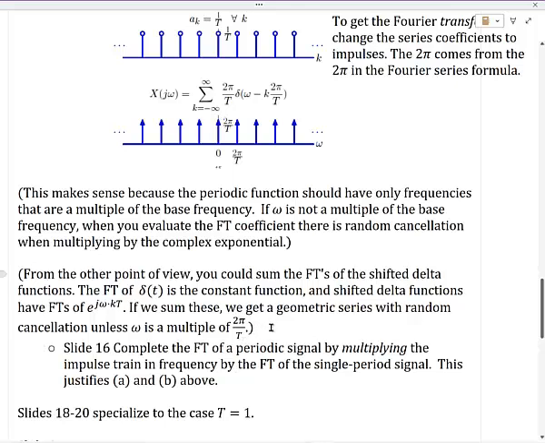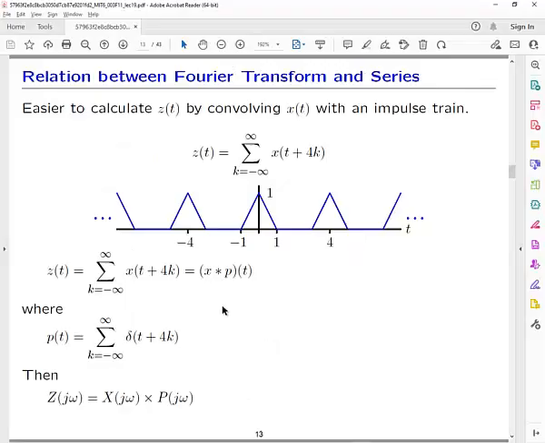All right, now if we go back to slide 16 here, remember what I said previously is that to get the Fourier transform of this periodic function, I simply need to multiply the Fourier transform of x times the Fourier transform of the impulse train, which itself is also an impulse train. And this one was computed earlier, I think in slide 15.